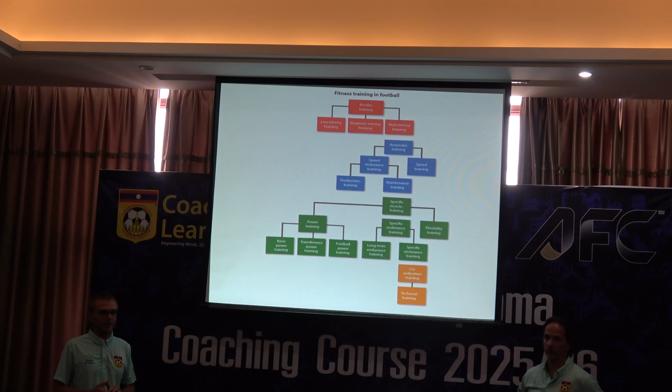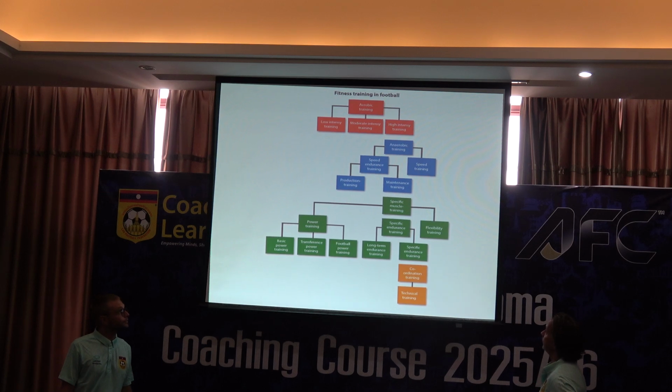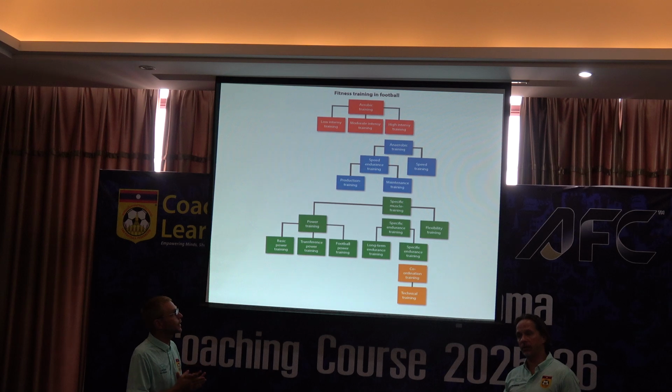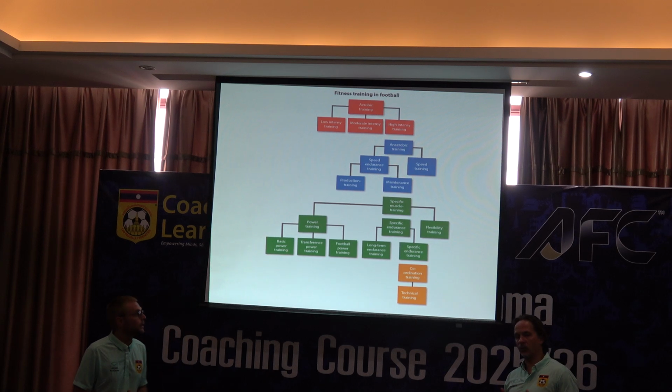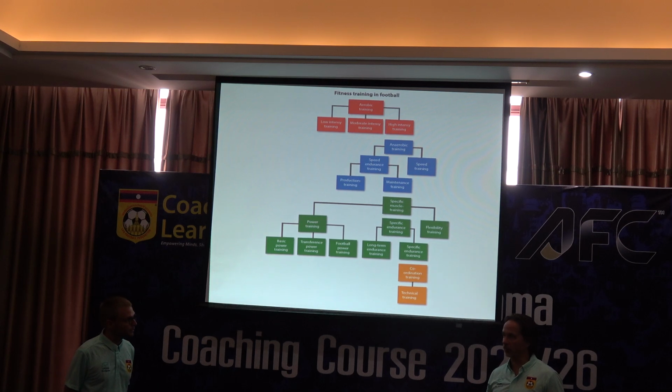Then we have part of specific muscle training is also flexibility training. And also specific endurance training, for example, when we work with core training, could be an example of that.